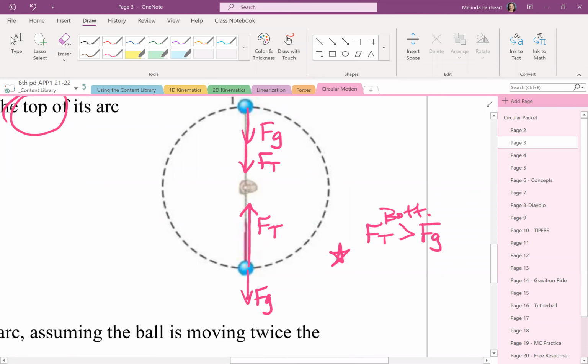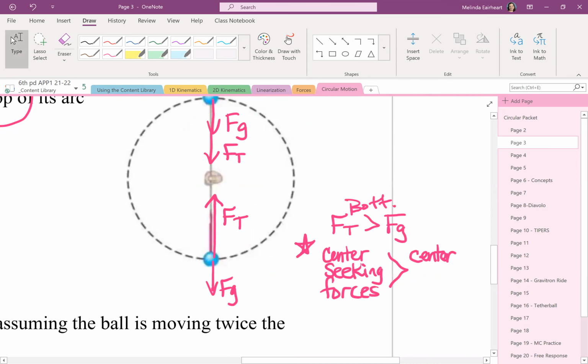And here's the overarching big idea. We want this ball going in a circle, yes? In order to go in a circle, watch this. Center seeking forces need to be bigger than center opposing forces. Does that make sense? If you want to go into a circle, something has to pull you into that circle.